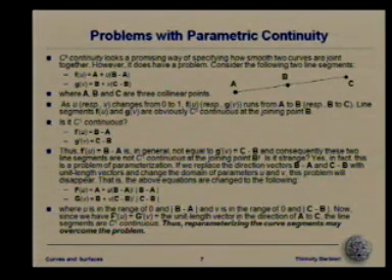We stopped right here when I was about to make you notice that a big problem that we have with such line of reasoning is that we are actually dependent on the way in which we parameterize the curve.